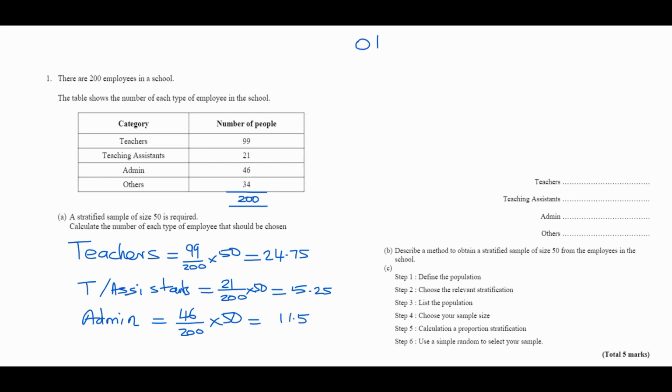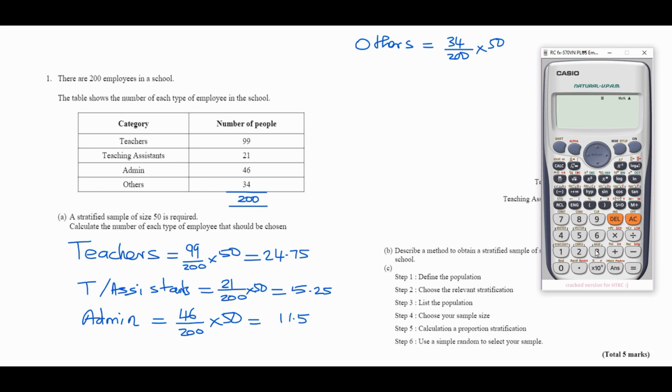Next one, others. Others is 34 over 200 times 50, which is 34 divided by 4, so 8.5.